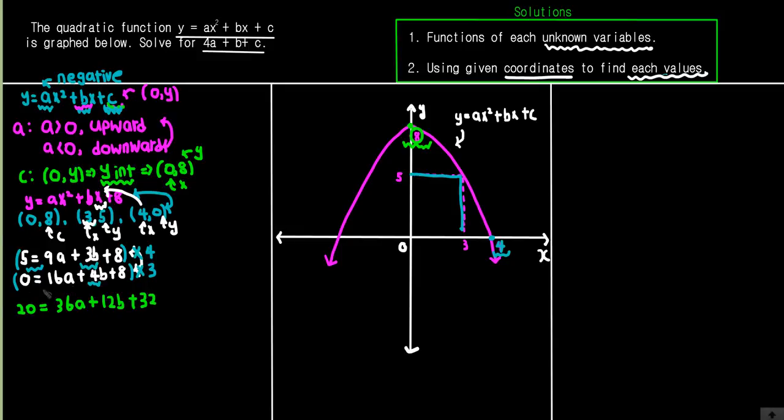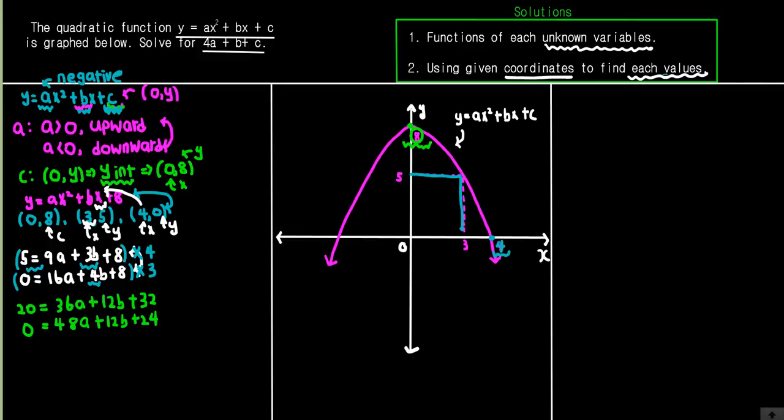For the second one, we need to multiply by 3. Even though we multiply 0 by anything, we will just get 0, which is equal to 16a times 3, which is 48a, plus the second term, which is 12b, and the third term, which is positive 24.